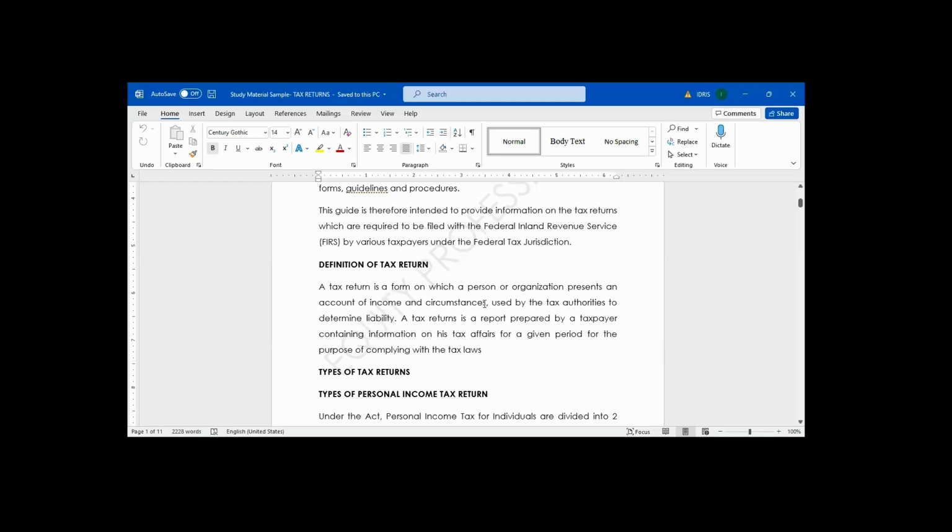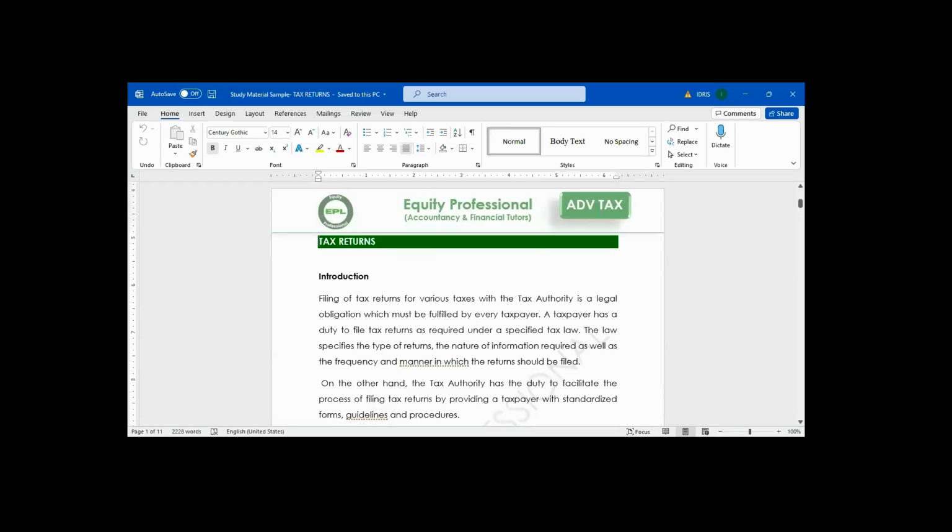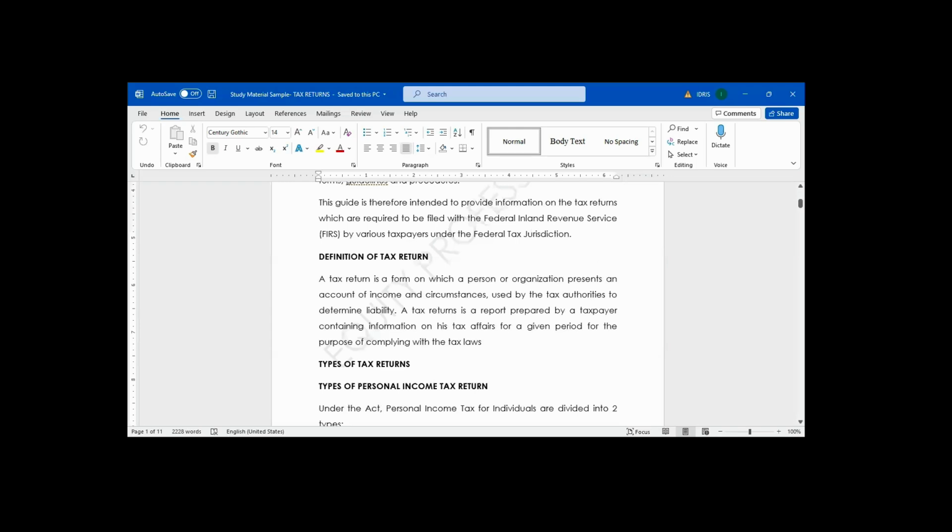This tax return is going to contain the information about the taxpayer, the amount that the taxpayer pays as tax, the income that the taxpayer earns, the expenses the taxpayer incurred. So how does the taxpayer get to be assessed to tax? What is the basis of computation of the tax? The period covered. All this will be stated in the tax return.